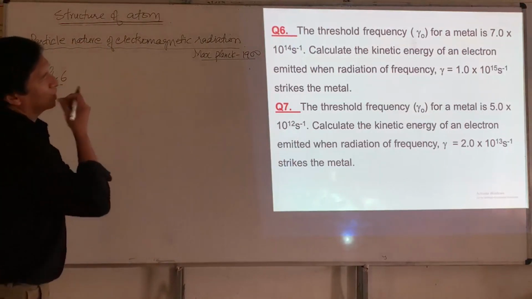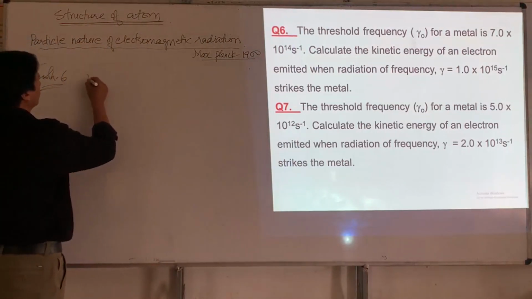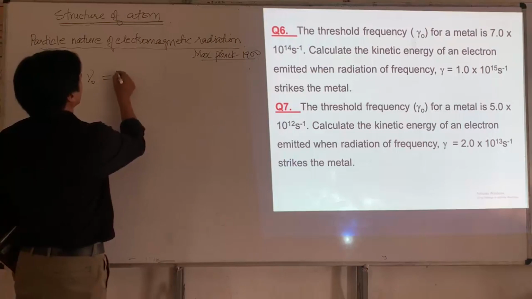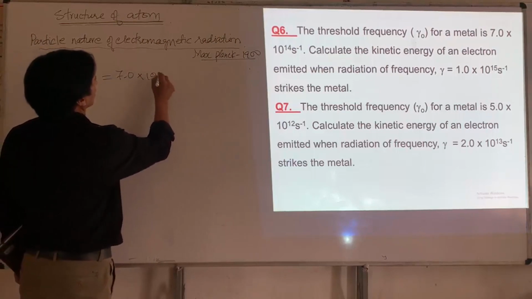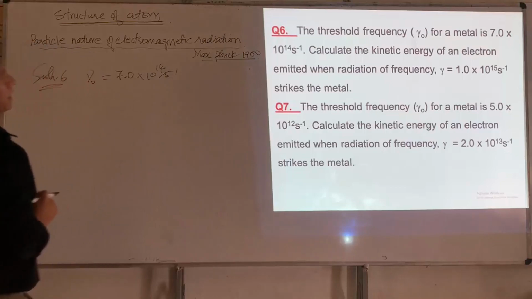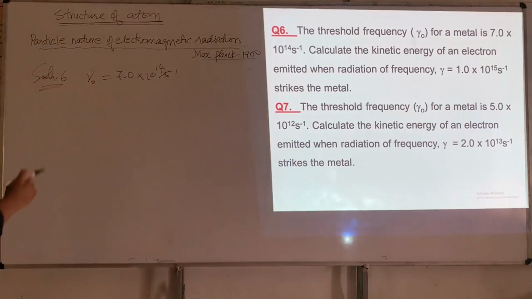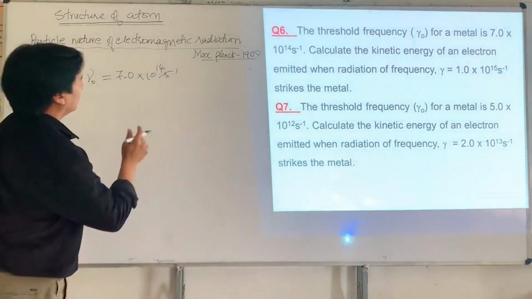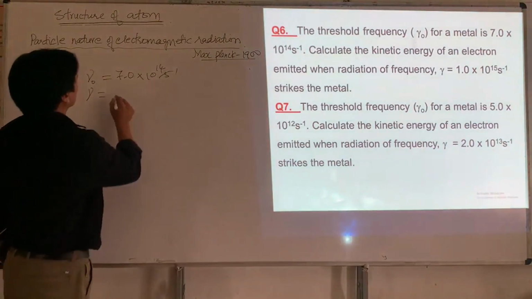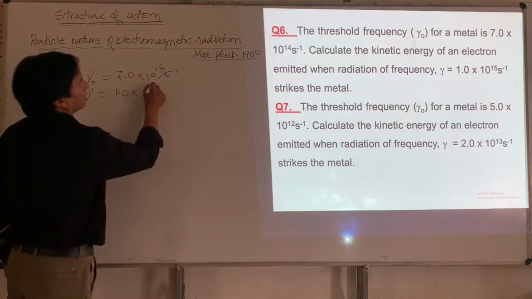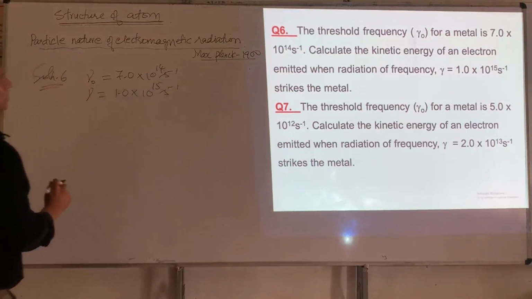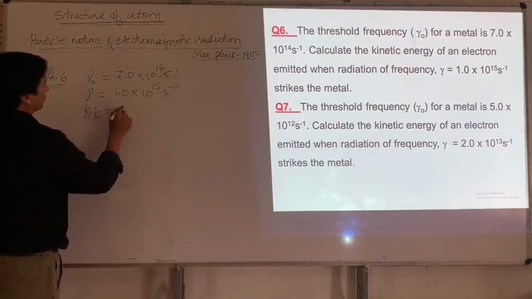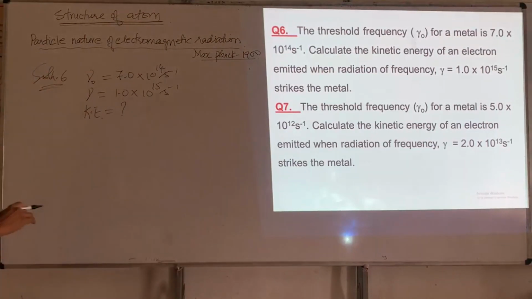So what we can write down is you are given this minimum frequency or the threshold frequency, nu naught, equal to 7.0 into 10 raised to the power 14 per second, and then the beam of light or the radiation which is incident on the metal surface has a frequency nu, given as 1.0 into 10 raised to the power 15 per second, and then you are asked to calculate the kinetic energy of an electron that is ejected from the metal surface.